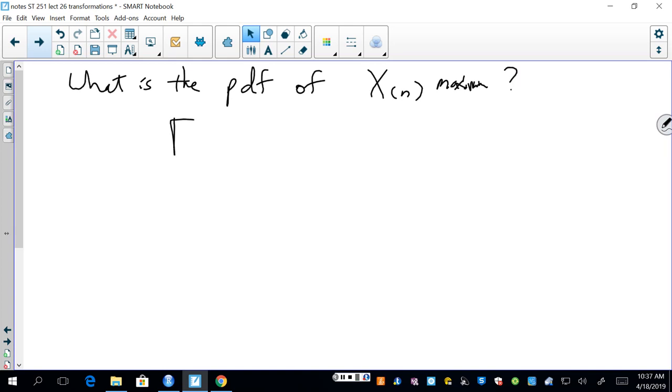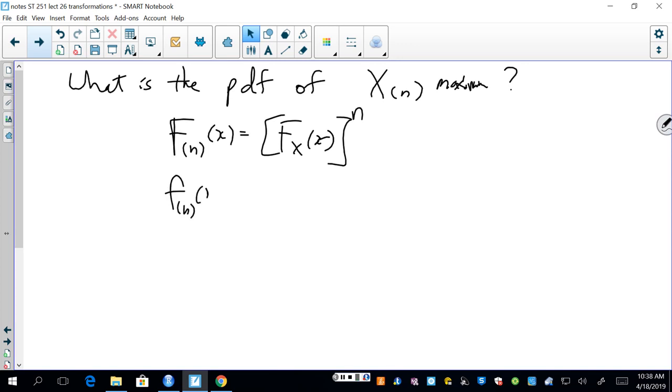Well, if the cumulative distribution function of the maximum is the cumulative distribution function of one of them raised to the nth power, to get the density of the nth one, we differentiate. Differentiate the capital one, and it becomes the lowercase one, and that's the density.